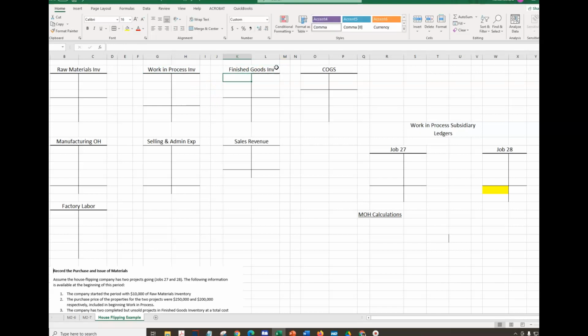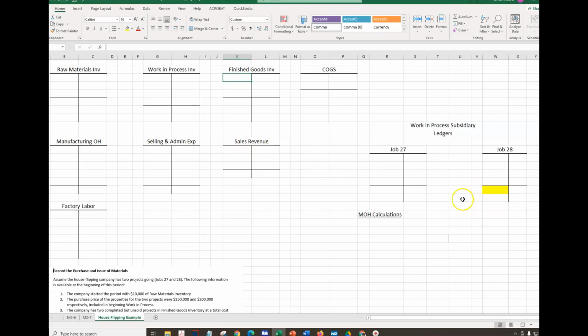Because if you'll remember, when a company makes product, they have three different types of inventory accounts: the raw materials inventory, the work in process inventory, and the finished goods inventory. And then I made a cost of goods sold account. I made this manufacturing overhead account to hold all of our overhead. I made a factory labor account. I made a selling and administrative expense account, a sales revenue account.